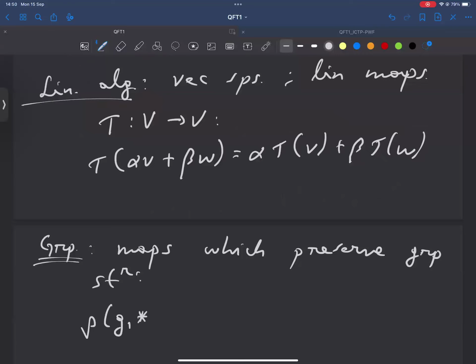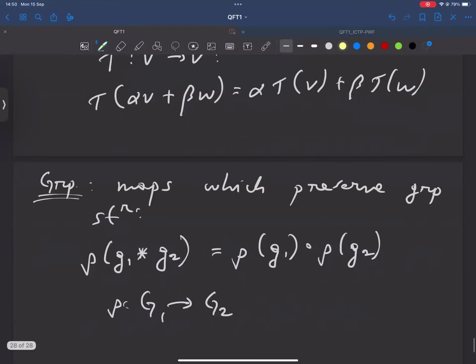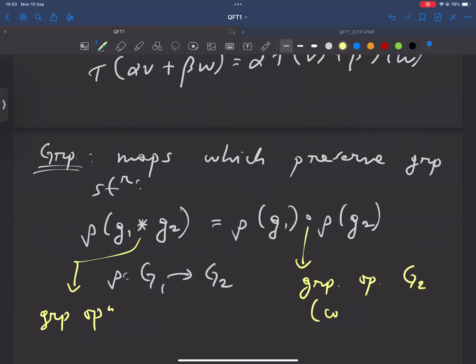If you have two group elements, then when you compose them this way, so when rho is a map from group G1 to G2, now this star is the group operation in G2, which in this case you can view as composition of functions, or maps.